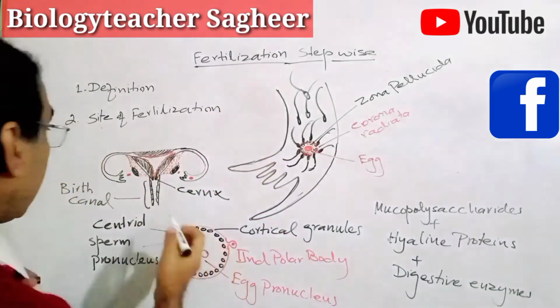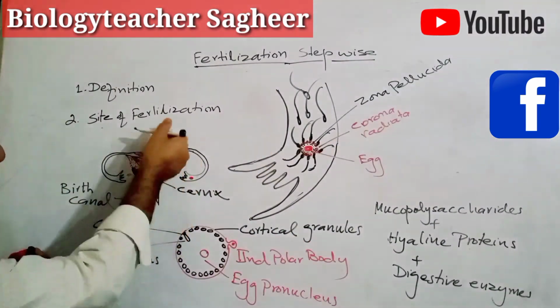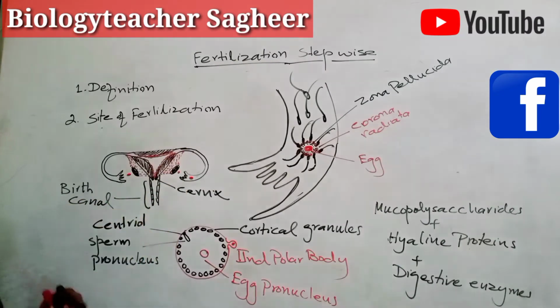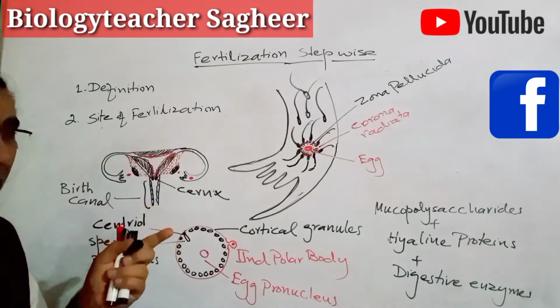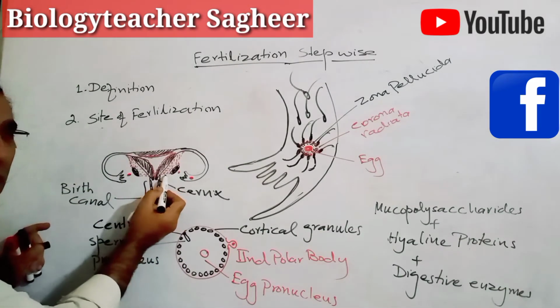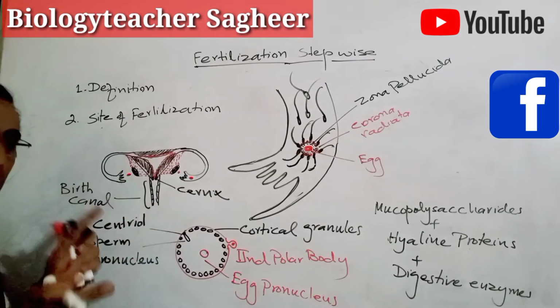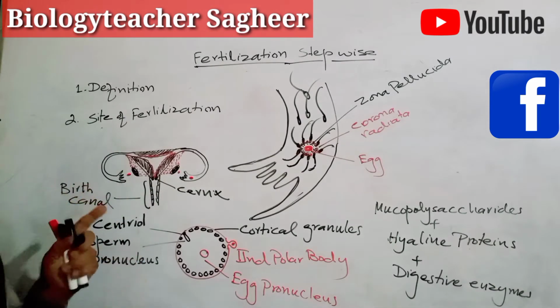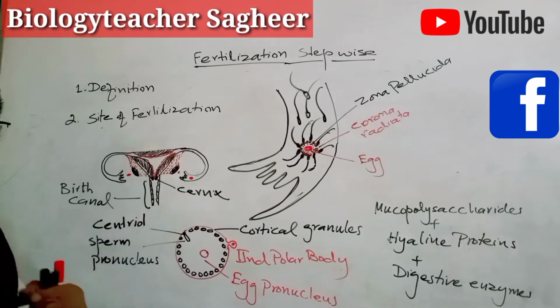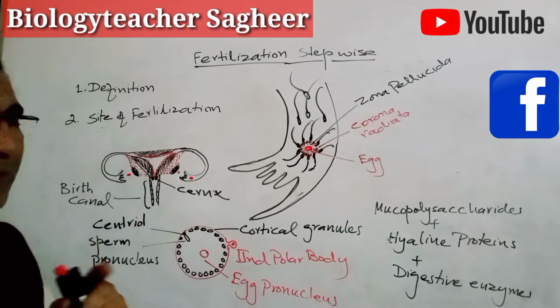This is the longitudinal section of the uterus. At the moment, we are concerned with where the fertilization occurs. Here is the ovary. You must know the position of these structures, otherwise you won't be able to understand the process of fertilization well.